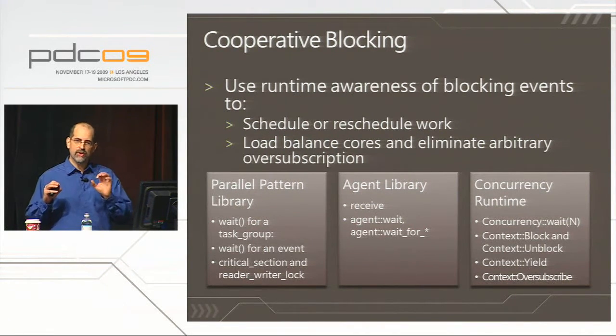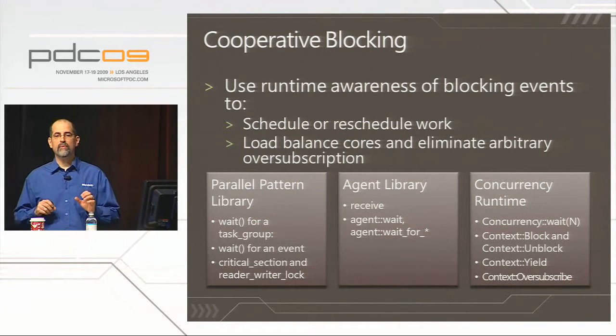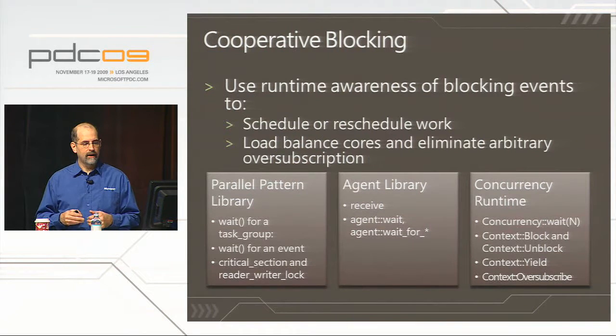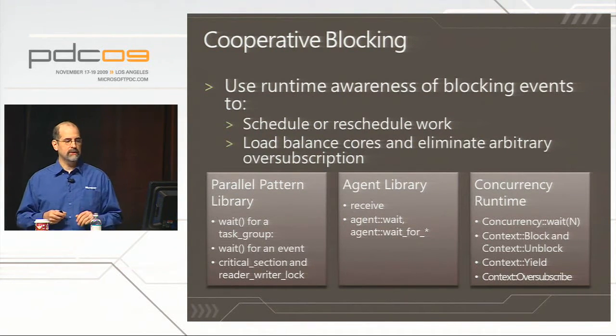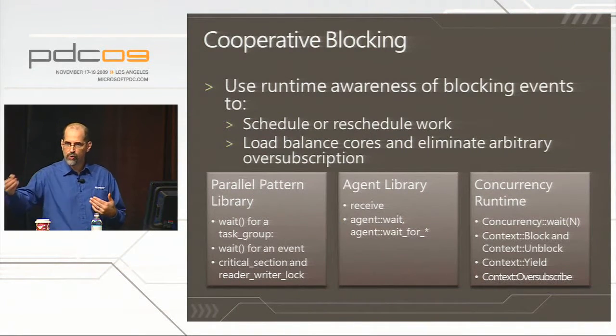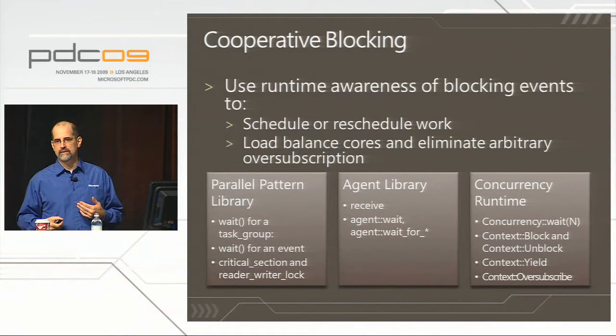We have simple locks like the critical section and the reader-writer lock. They're just great building blocks. Some more primitives are the context environment for block, unblock, and yielding. And you also have the ability to say, look, I really want to oversubscribe because I'm on XP, let's say, and I know I'm doing a Windows blocking event, so I'm going to force another thread to be handed into this environment.